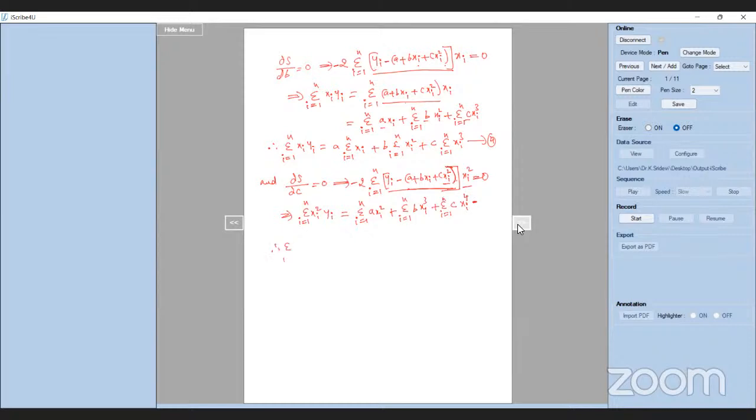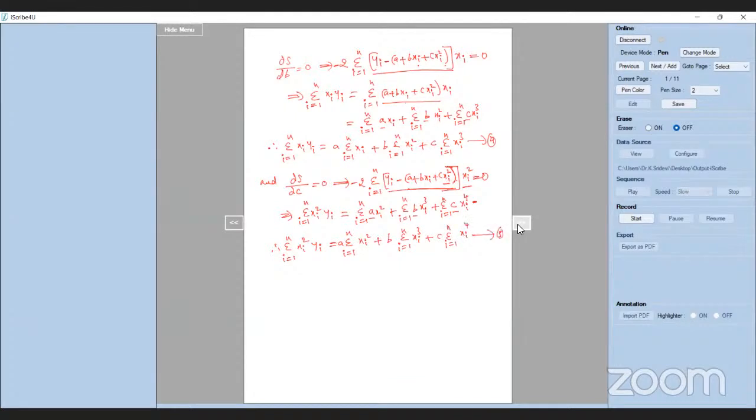Therefore, summation i equal to 1 to n xi² yi is equal to, taking a, b, c out from the summation, a into summation xi² plus b into summation xi³ plus c into summation xi to the power 4.